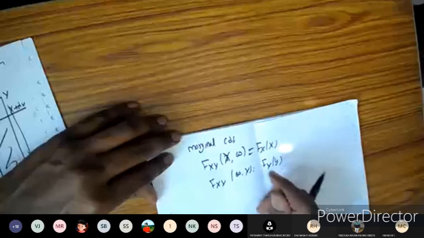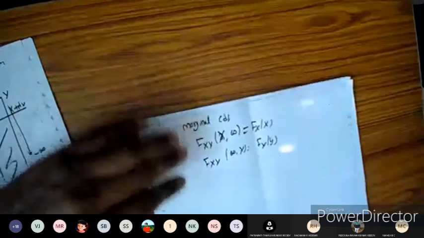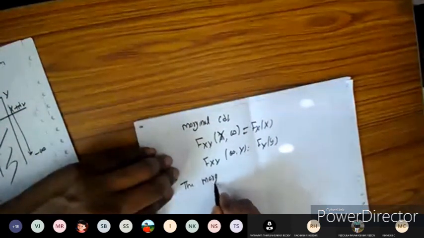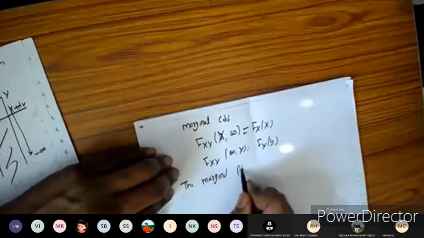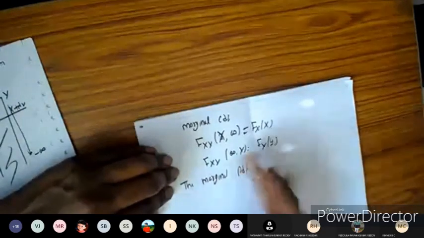So from this we can extend to the marginal PDF. The marginal PDF is a single PDF obtained from the bivariate PDF, and we call it the marginal PDF.